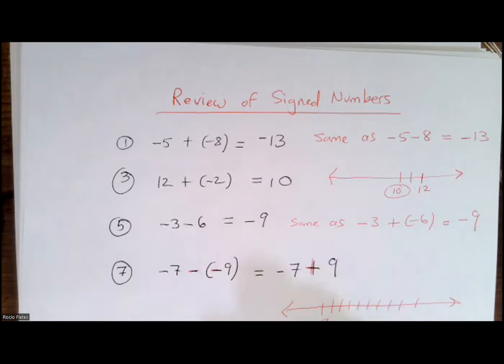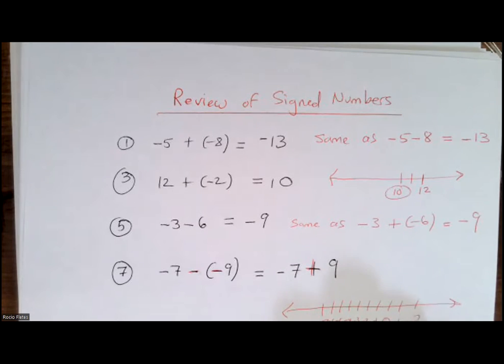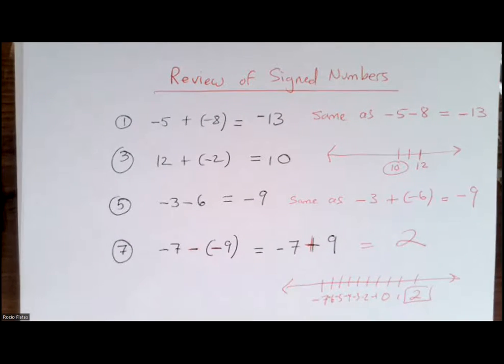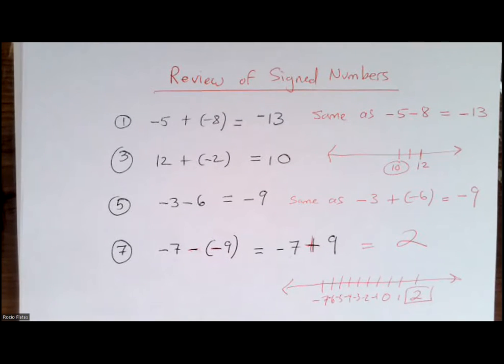So -7, -6, -5, -4, -3, -2, -1, 0, 1, and 2, right? So we end up at 2 here. Let me raise this a little bit so you can see. Sorry about that. So you get the idea of how you need to be very careful with numbers that have different signs. So that was 1 through 7.